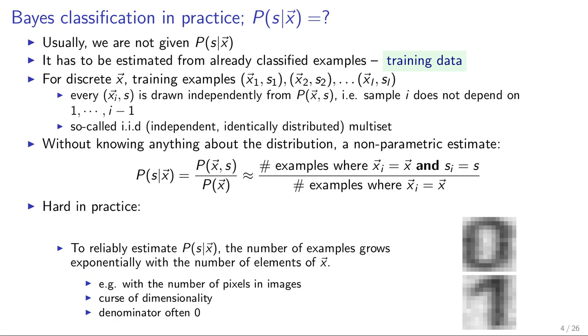Now, we already mentioned that the Bayes classification is the optimal possible classifier if you have the components that you need.